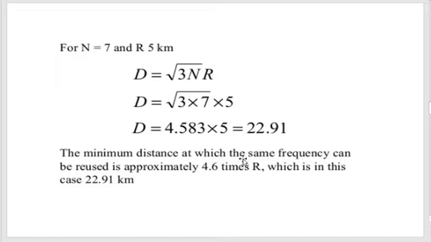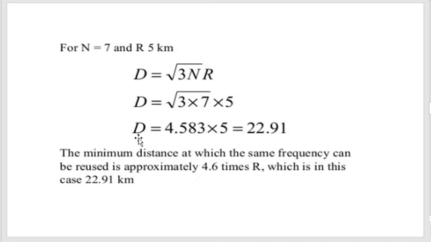So the minimum distance at which the same frequency can be reused is approximately 4.6 times R, which in this case is 22.91 kilometers. This 4.6 comes from √(3N), and this is how we calculate the distance.